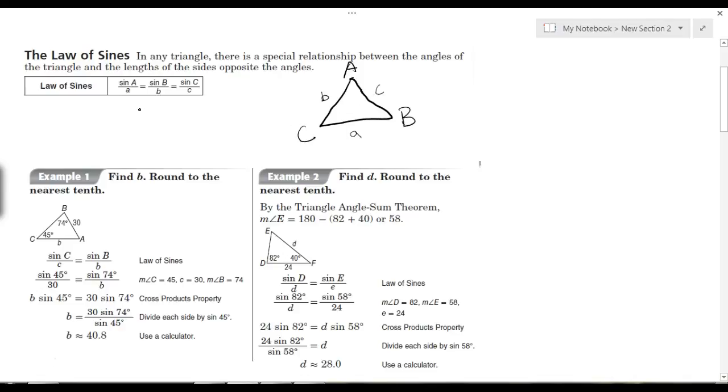So again, it's easier now to see that sine of A over A is equal to sine of B over B, which is equal to the sine of C over C. So those are the relationships we're looking at. So let's look at a couple of examples that are all worked out for us.